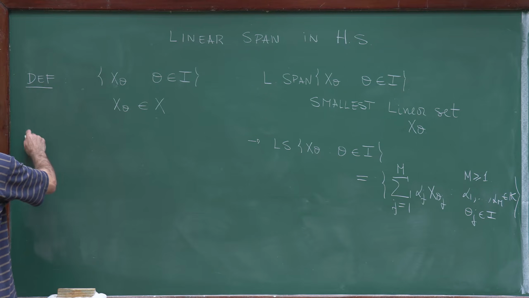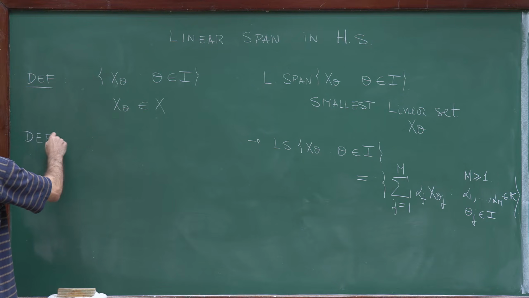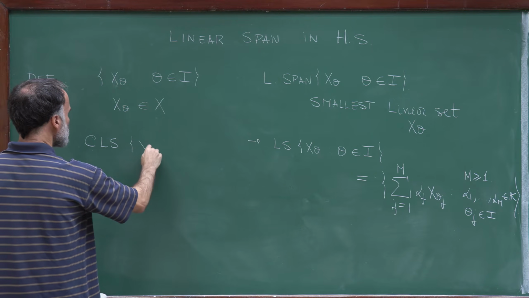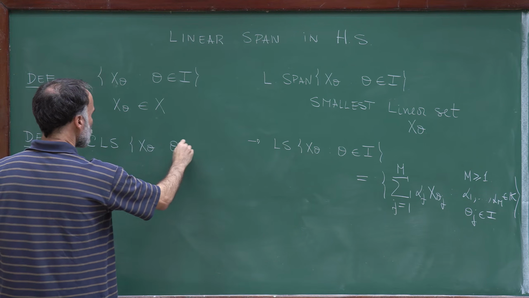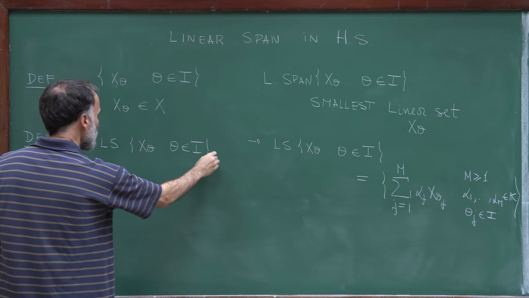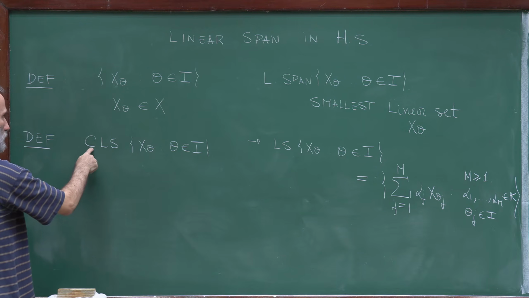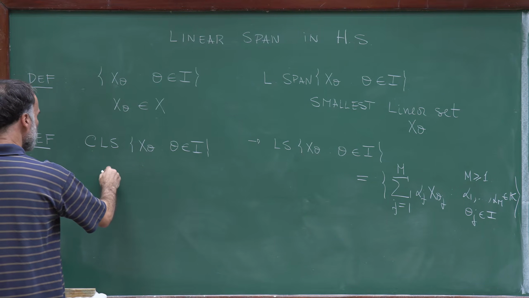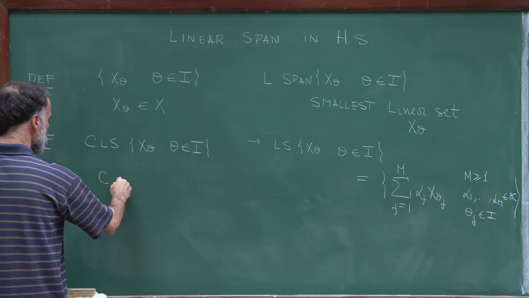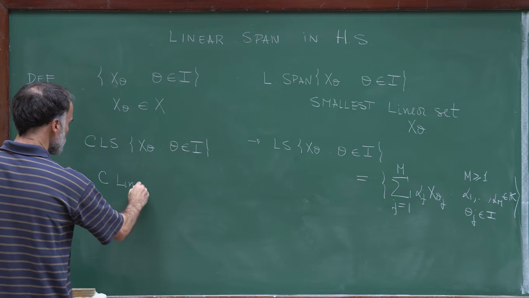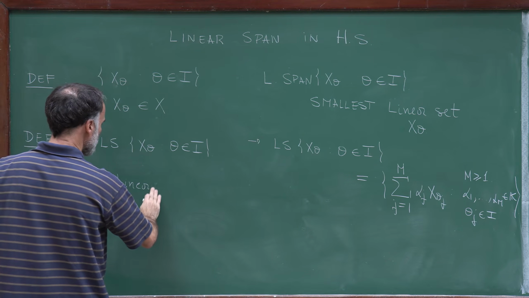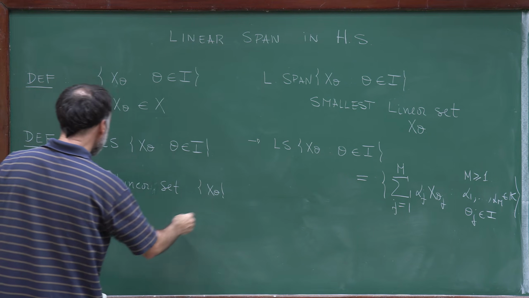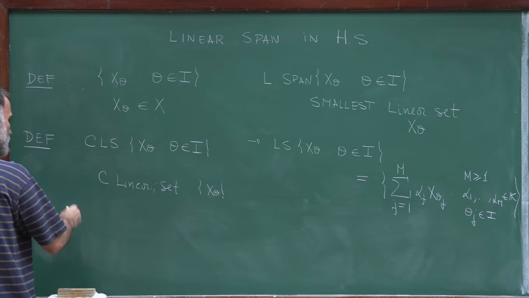And then I introduced a second definition, which is the closed linear span of this family x_theta. Now, in the closed linear span, what we require is that we take all closed linear sets which contain the x_theta, and we take among all these closed linear sets the smallest one.